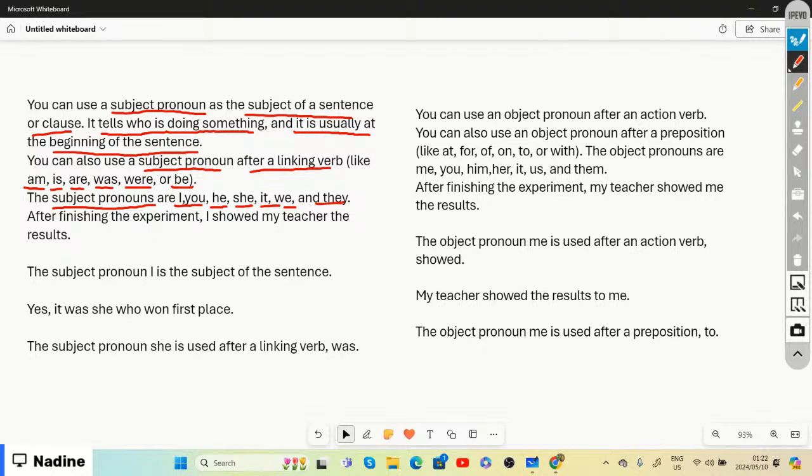That means at the beginning of the sentence, when we write our sentence, it's either going to start with I or you or he or she or it or we or they, because that is a subject pronoun. It's usually at the beginning of the sentence, and it tells us who or what is doing something.